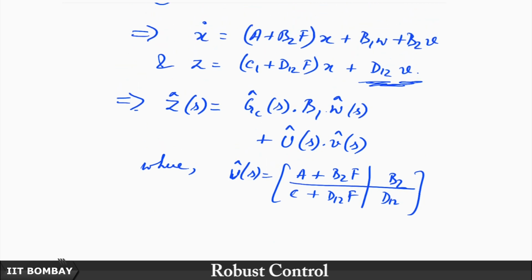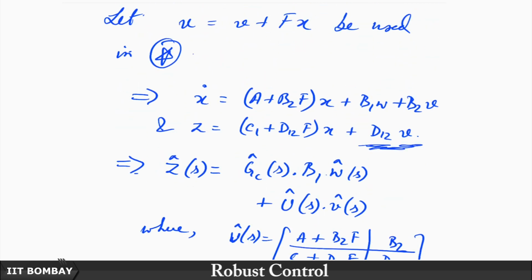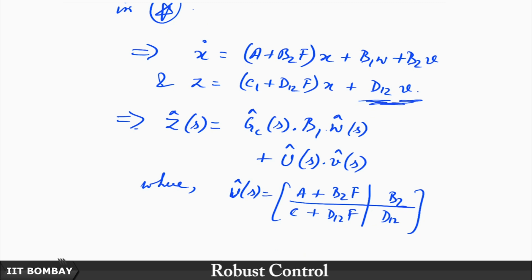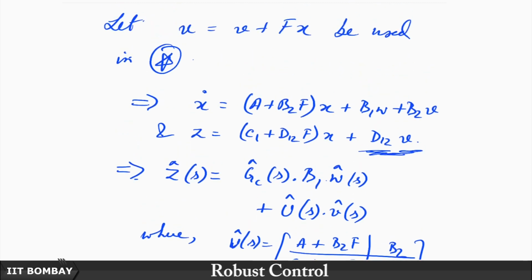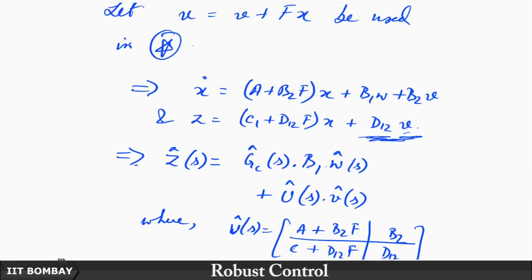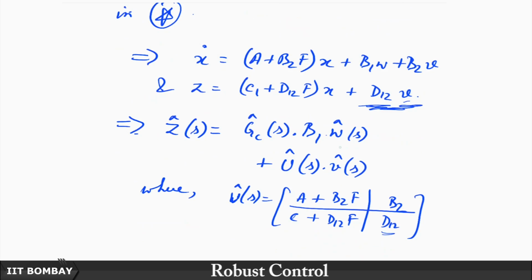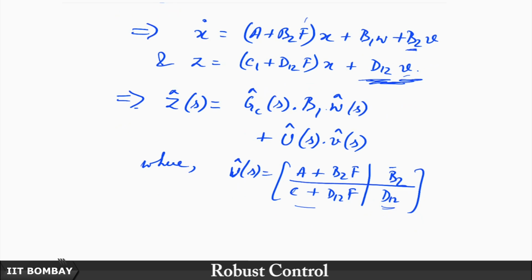And furthermore, by the same token, you can also check that this U hat captures the transfer function between V hat and Z. So, for V hat, the D matrix is sitting here, the B matrix is sitting here, the A matrix is of course the same, and the C matrix is also the same. So, this is clear to us.